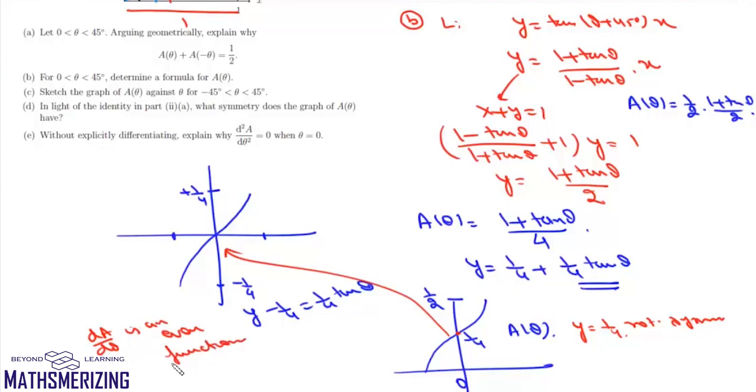If dA upon d theta is an even function, then d square A upon d theta square will be an odd function. And we know that for odd function, f of minus 0 is minus f0, that is value at 0 is 0. So if d square A upon d theta square is odd, then this function will take the value 0 when the value of theta is 0. So this is how we solve such questions.